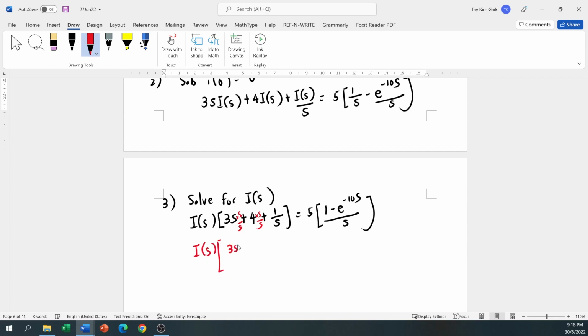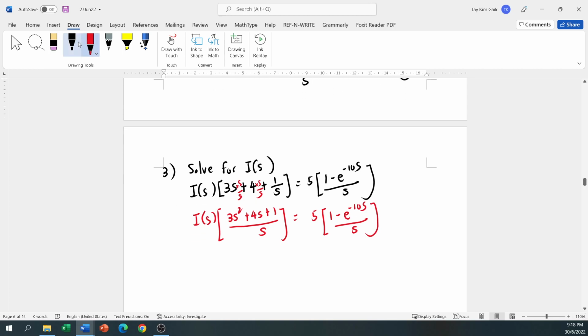First term 3s squared, the second will be 4s, the last is 1. So divide by s equal to 5 times 1 minus exponent negative 10s over s. So we can cancel out, divide by s at the left side and right side. Then you can factor out I(s): 5 times 1 minus exponent negative 10s, divided by 3s squared plus 4s plus 1.